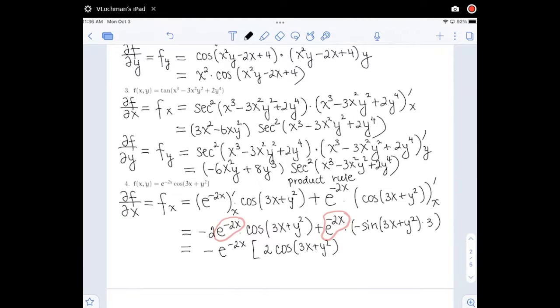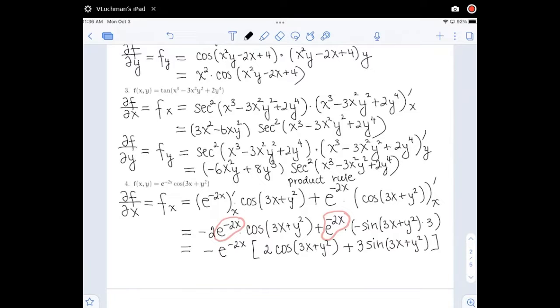And then there's also a negative here. Okay, so that gives me 3 sine 3x plus y squared. You don't have to factor it if you don't want to, I just like to kind of keep it a little bit more organized. So that is your answer here.